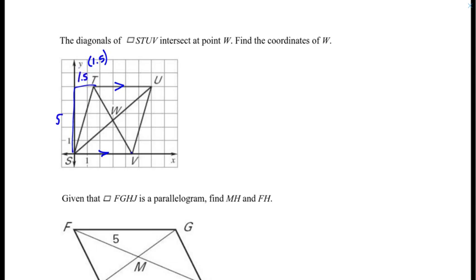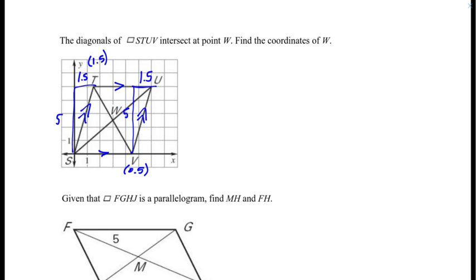If we look at VU, again, let's assume that this is an x coordinate of 0.5. We're going up 5 and over 1.5. So without calculating the actual slopes of these, we can see that the rise and run are the same. So we know that ST and UV are going to have to be parallel as well.